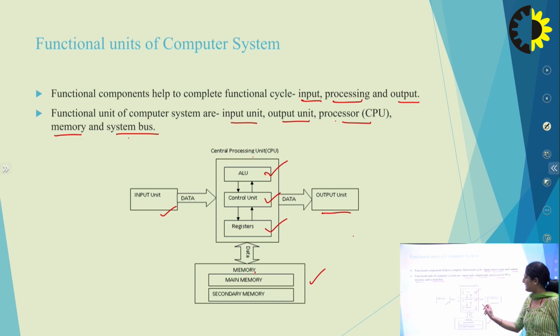What are registers? A register is temporary data storage in the CPU. When we are processing data, sometimes we need space during the processing to store some data. That's why we use the concept of registers.